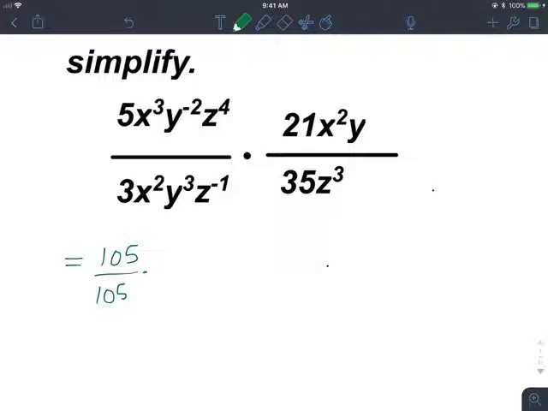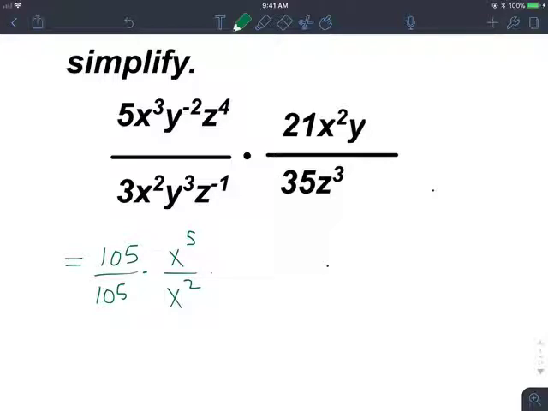Now let's deal with my x's. Logically, the next thing would be x cubed, x squared. So that's x to the fifth. Let's see, downstairs I have x squared. Y, negative 2. Y, positive 1. I'm just going to turn this into, this goes downstairs, do you agree?